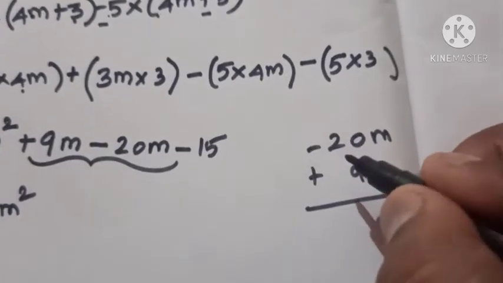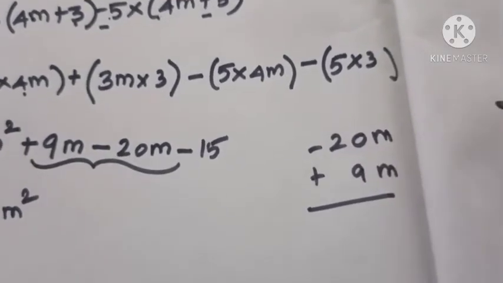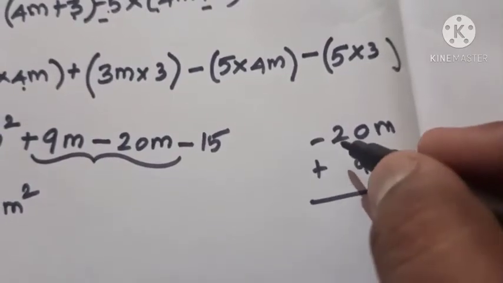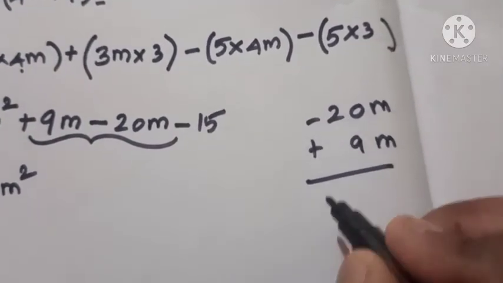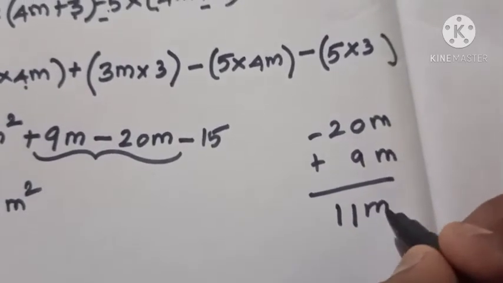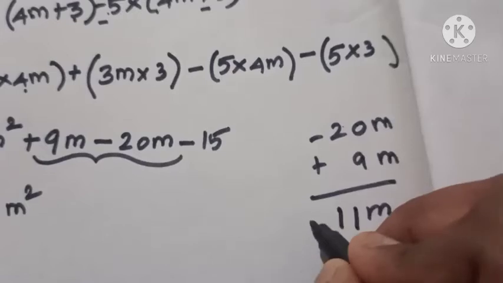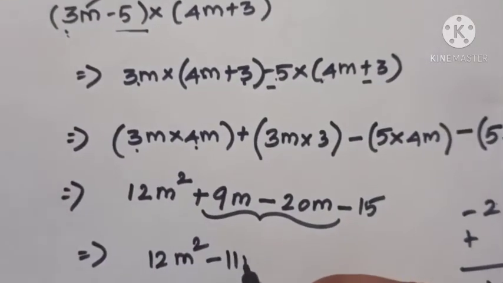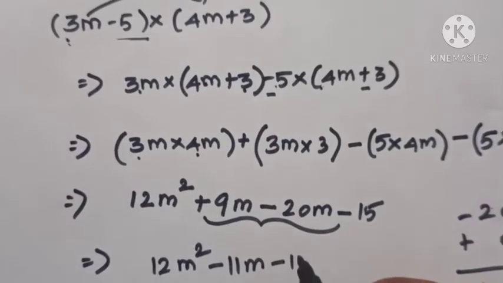These 2 have different signs, and different signs means you need to subtract. If you subtract 20 minus 9, you get 11, and you keep the common variable m. Here 20 is the greater value, so you put minus. So you take minus 11m, minus 15.